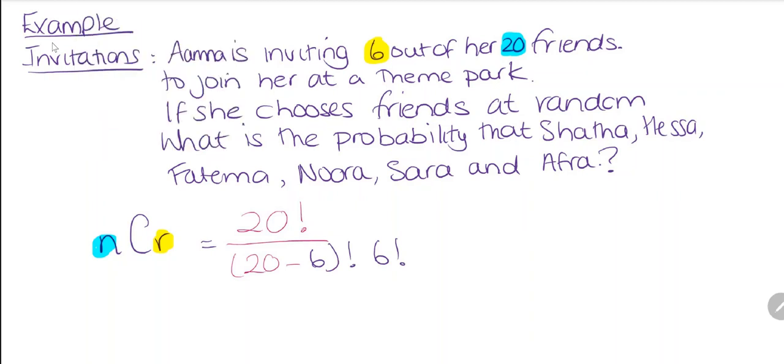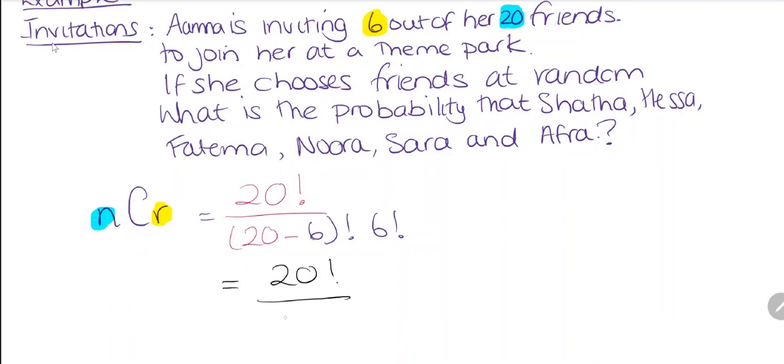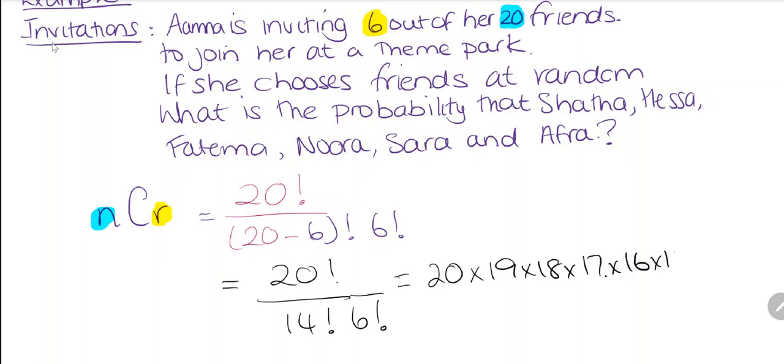So if we work this out, 20 factorial divided by 14 factorial times 6 factorial. So 20 can be written as 20 times 19 times 18 times 17 times 16 times 15 times 14 factorial, and this is over 14 factorial times 6 factorial.